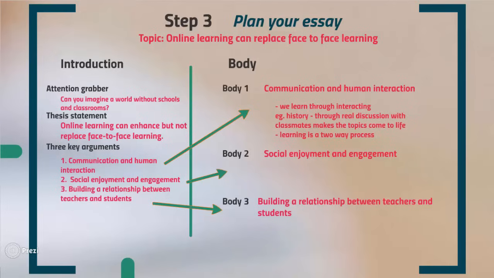So, for body 1, communication and human interaction, we learn through interacting. For example, history. Real discussion with classmates makes the topics come to life. And learning is a 2-way process.